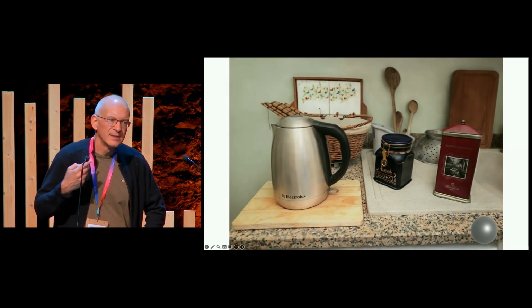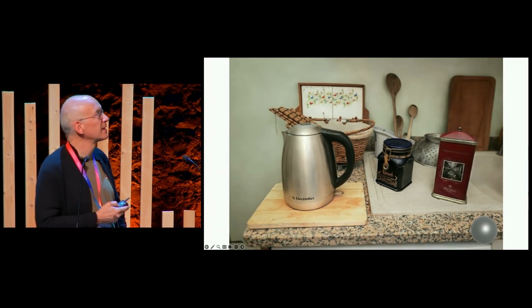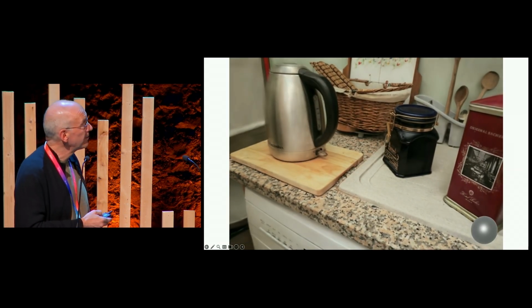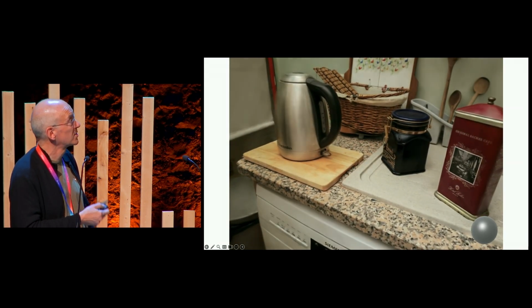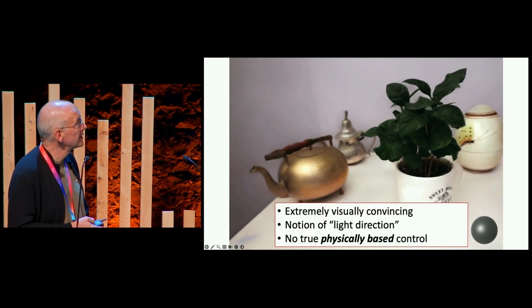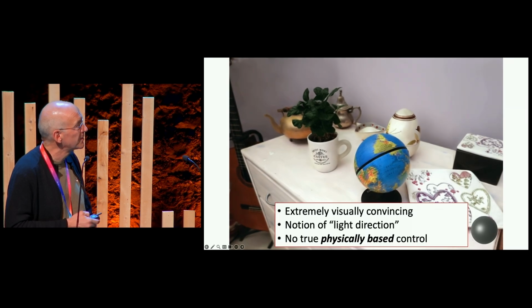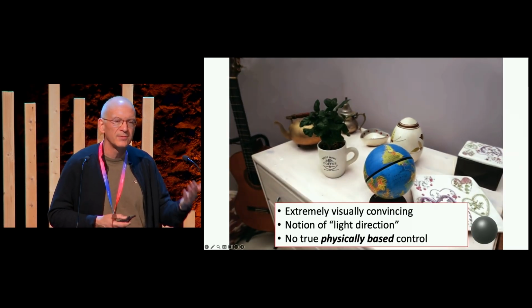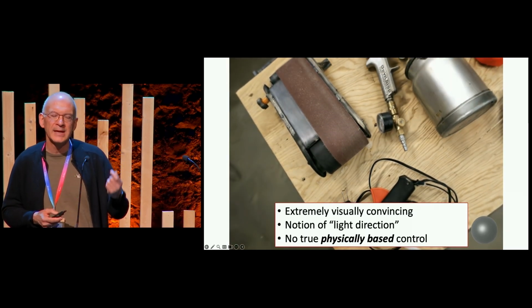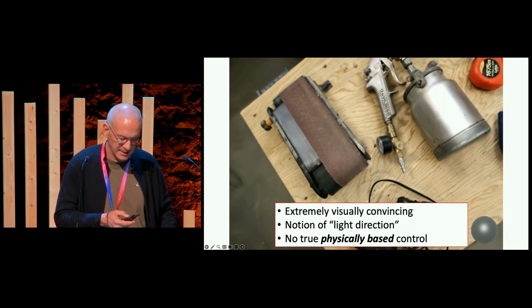What's fascinating in this result is the level of realism. It's very convincing, but the problem is that there's only a vague notion of light direction, and there's no truly physically based control. That's the goal of the future work, to come up with a way of actually controlling these things.